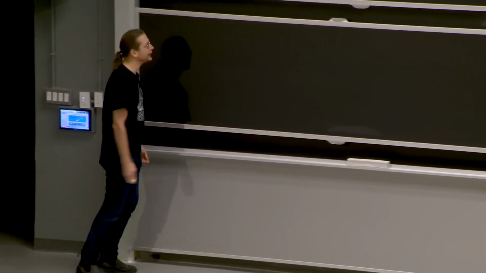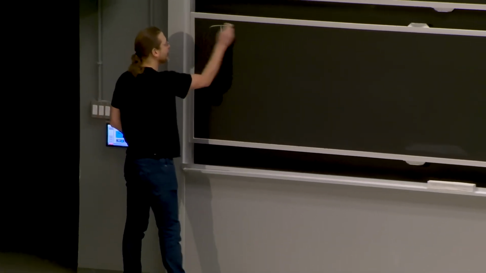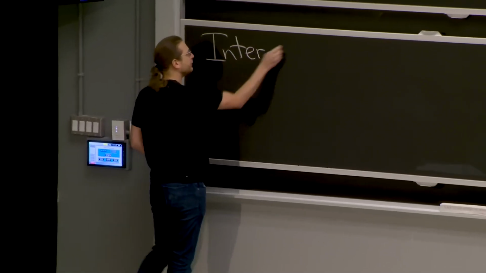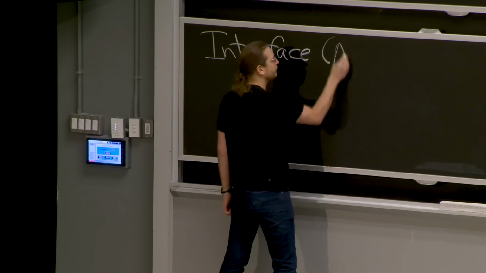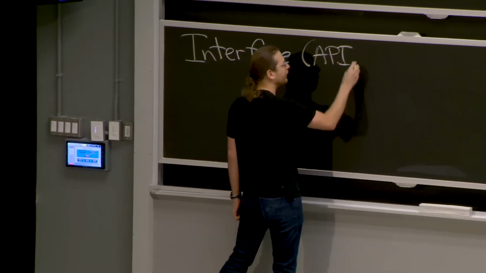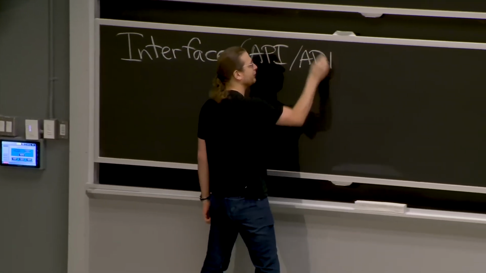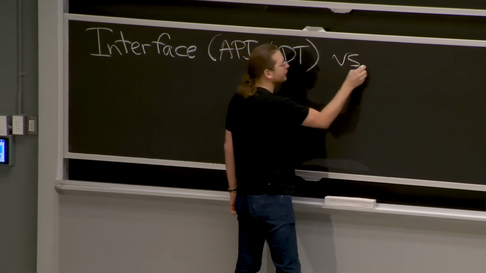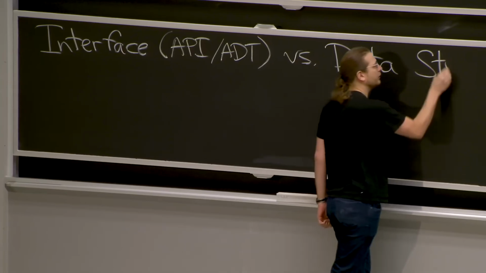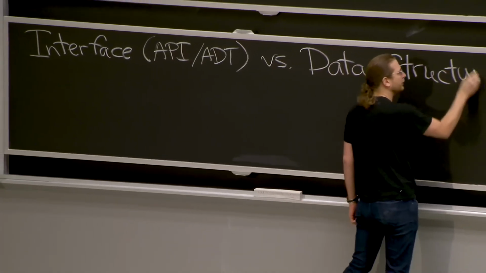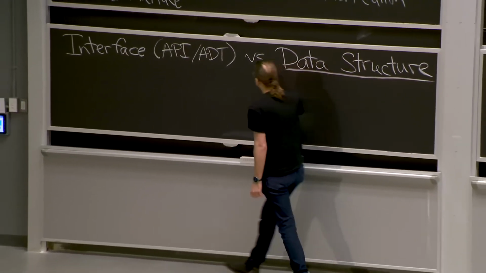But before we actually start with one, let me remind you of the difference between an interface, which you might call an API if you're a programmer, or an ADT if you're an ancient algorithms person like me, versus a data structure. These are useful distinctions.